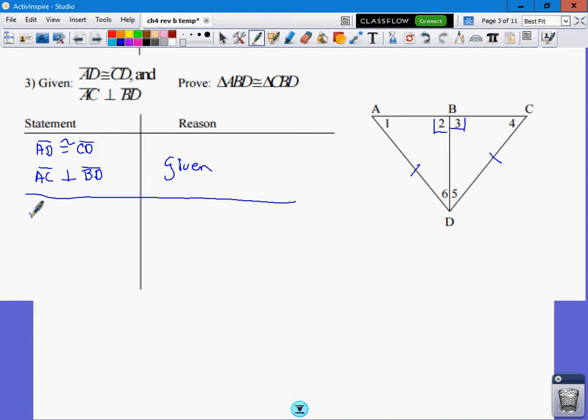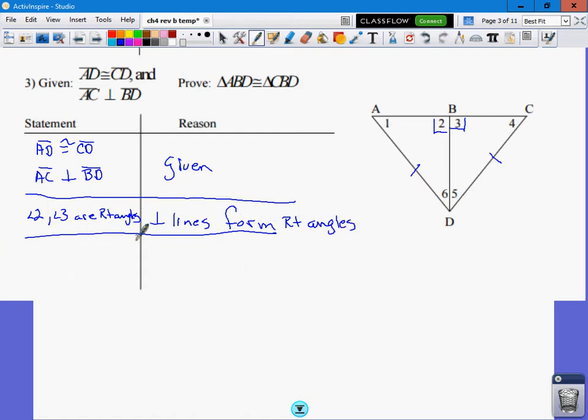So I'm going to make that statement that angle 2 and angle 3 are right angles. And I can make that statement because perpendicular lines form right angles.